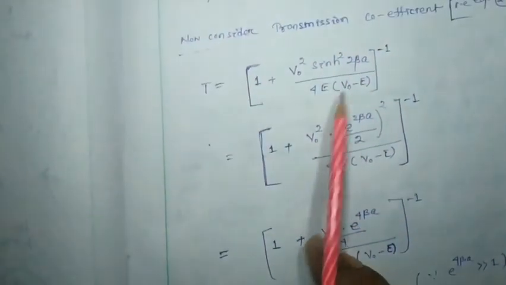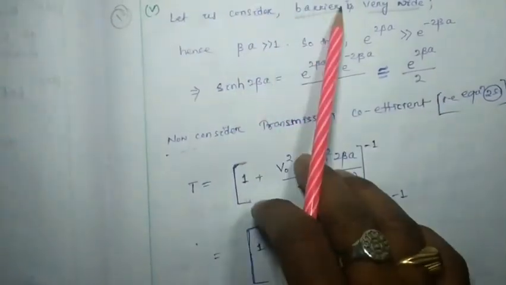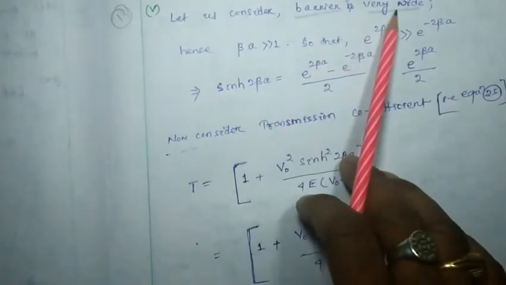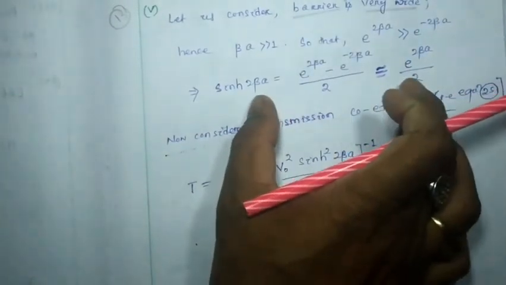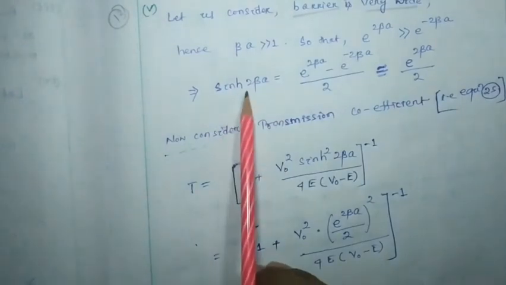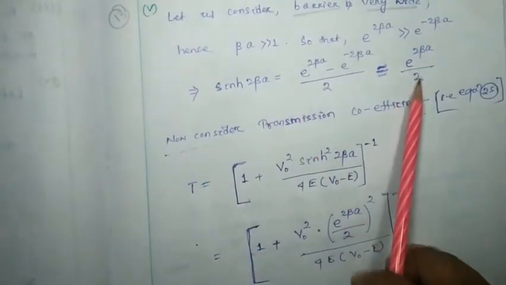Now if we consider this for the case of a wider barrier, where the width of the barrier is so large that sinh 2βa can be considered as e to the 2βa by 2.